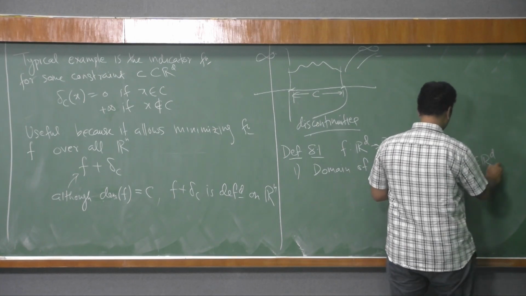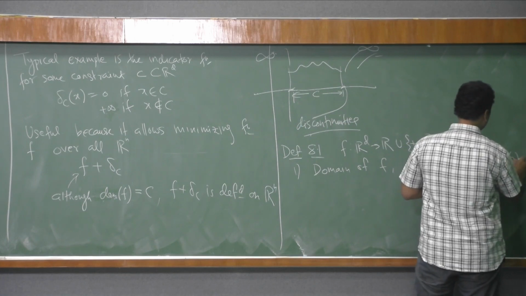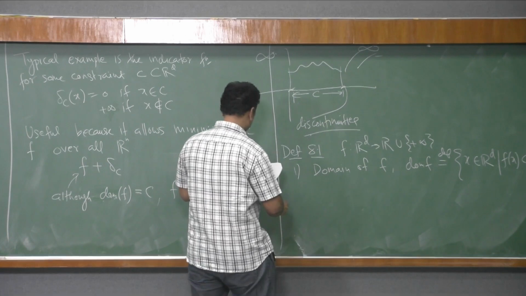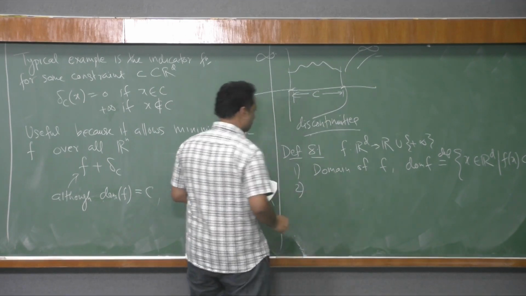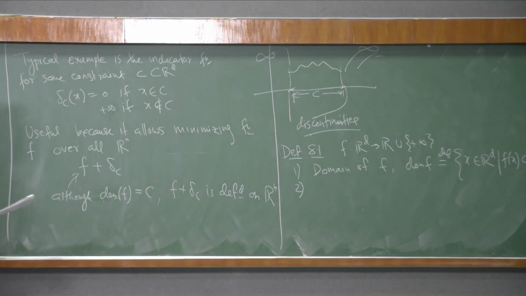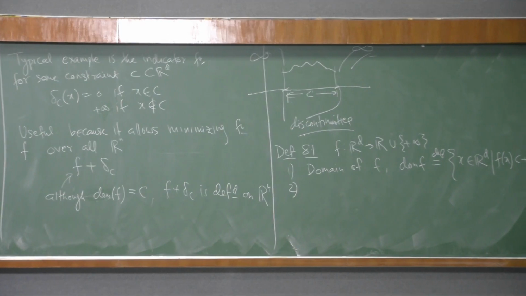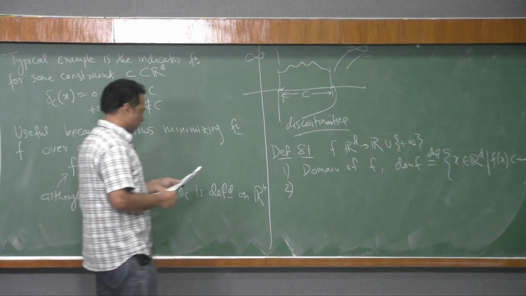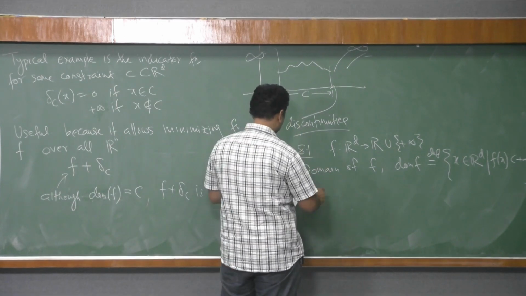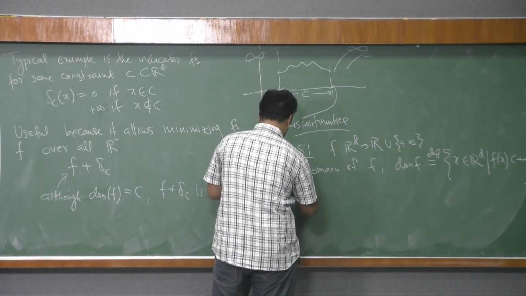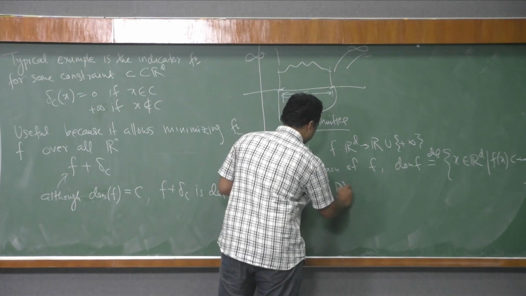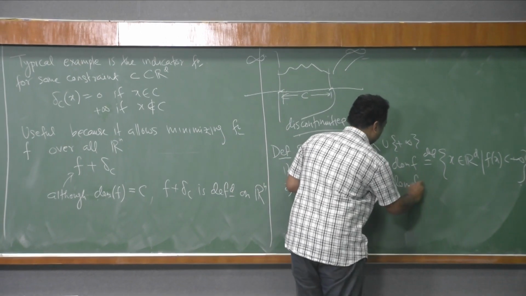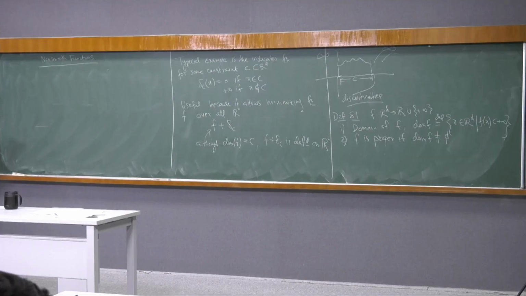For formality we are defining this. Actually our goal is to define what is a proper function. So basically it depends on the domain. The domain should not be empty. Then we say f is proper if the domain of f is not an empty set.